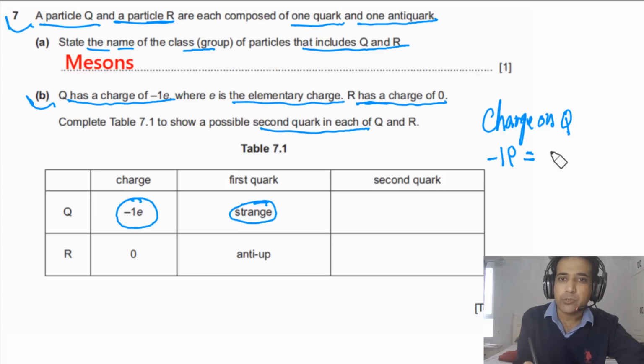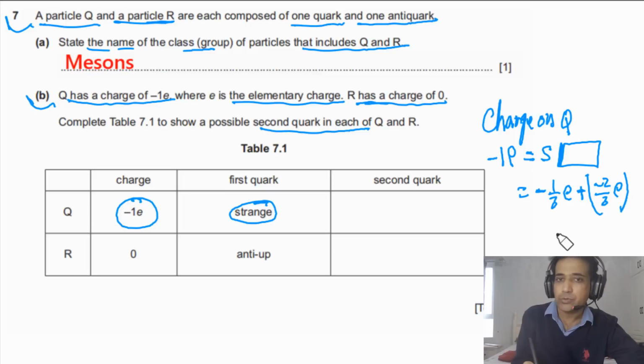Q consists of one strange quark and one anti-quark. The charge on the strange quark is -1/3e, so the charge on the anti-quark should be -2/3e.